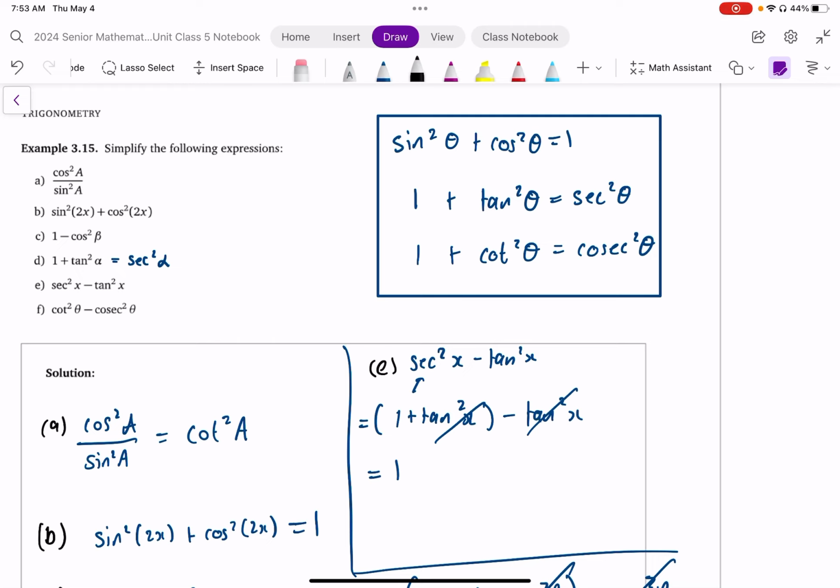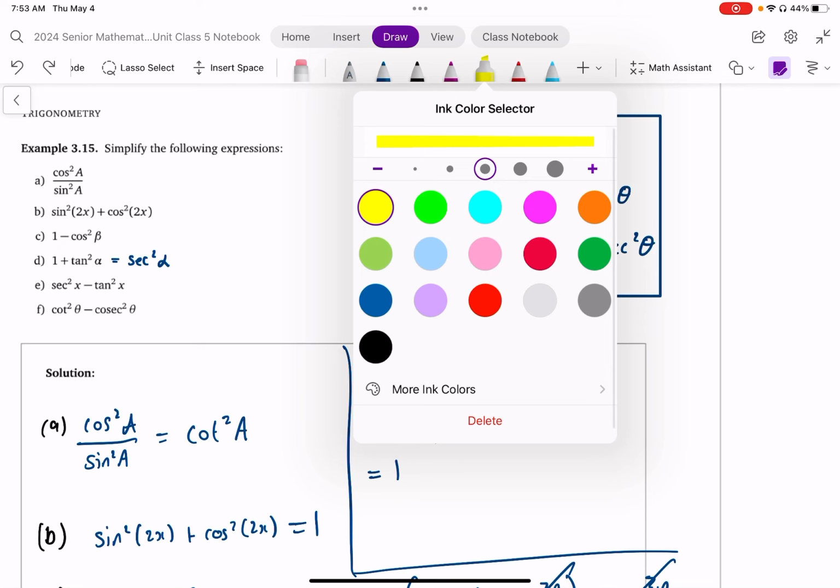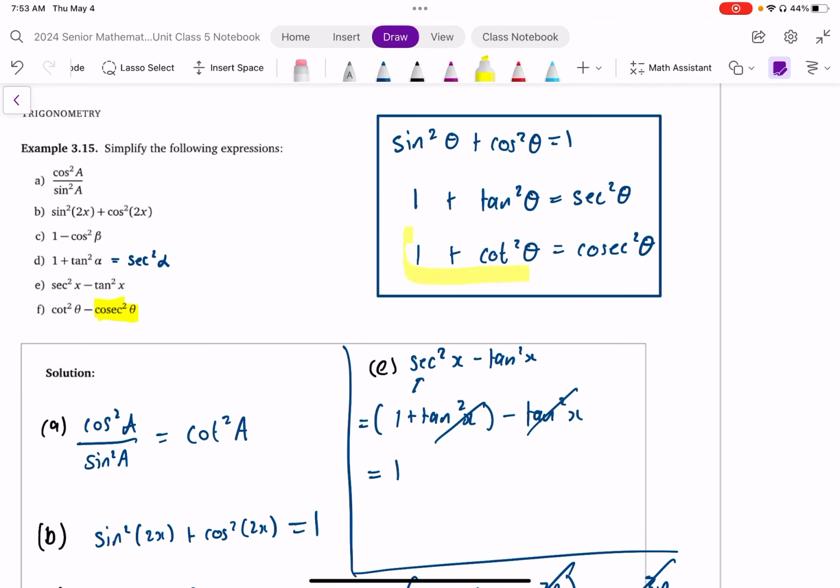Okay, last one now. We've got cot squared and cosec squared. Okay, once again you can see that there's an equation here that actually has both of them in there. So I'll replace the cosec squared with this, okay, it's a substitution, and simplify from there.